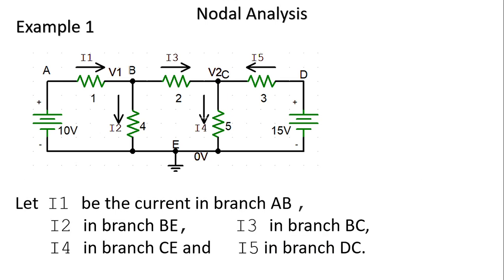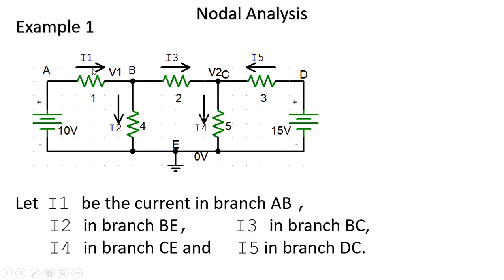In this example, we have assumed I1, I2, I3, I4, I5 as the current components in various branches. I1 is the current in branch AB, I2 in BE, I3 is the current from B to C, I4 is the current from C to E, and I5 is the current in branch DC.